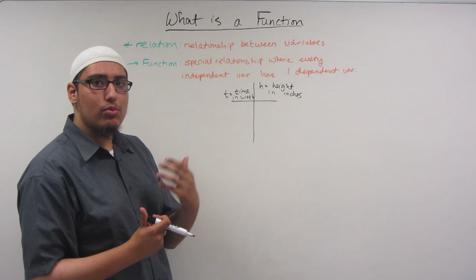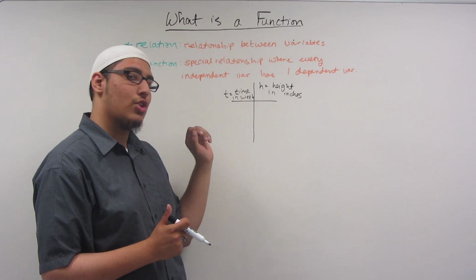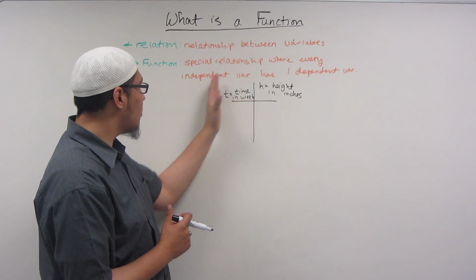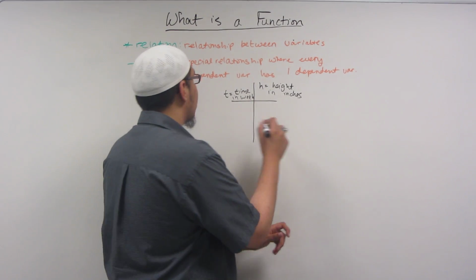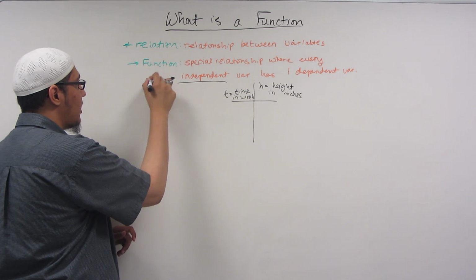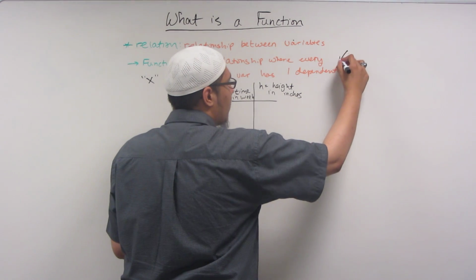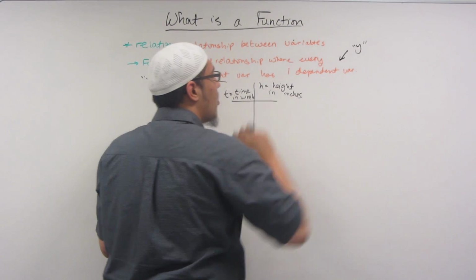Now usually when we're dealing with functions, we want to make a table of values. Your independent variable, commonly known as x, and our dependent variable, a lot of times we just call that y.